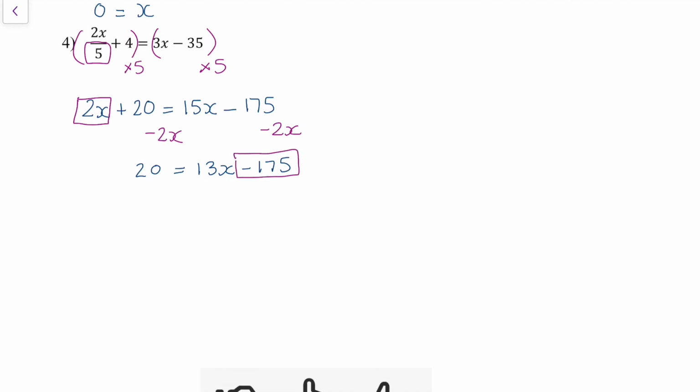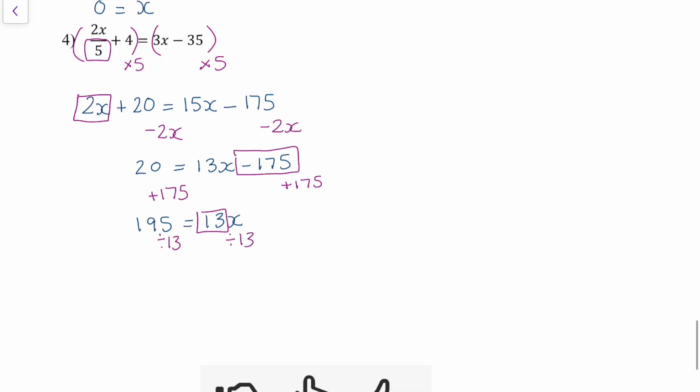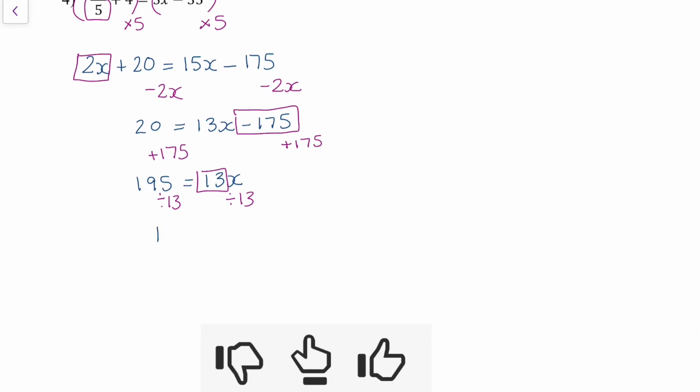I'm going to add 175. So I get 195 equals 13x. And now I'm going to get rid of this multiply 13 by dividing by 13. And I end up with 15 equals x.